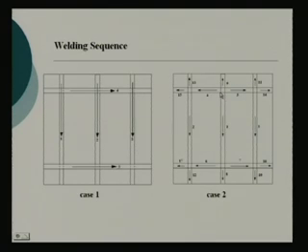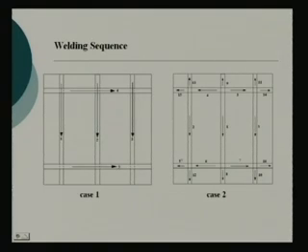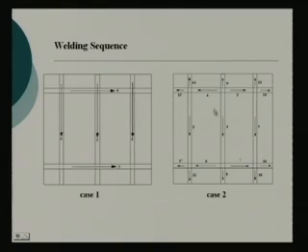Then I go to the transverse, again from the middle outward, 4, middle outward, 5, again the other transverse, 6, 7 and so on, gradually as if we started from the middle and gradually spreading out, right. But here what we did, we first welded the middle part of the longitudinal, then the middle part of the other longitudinals, and then the transverses.